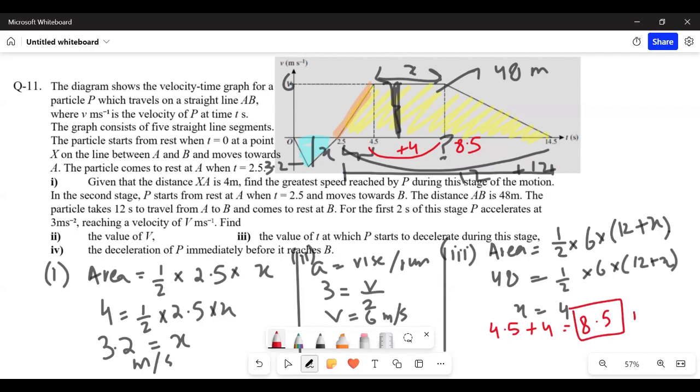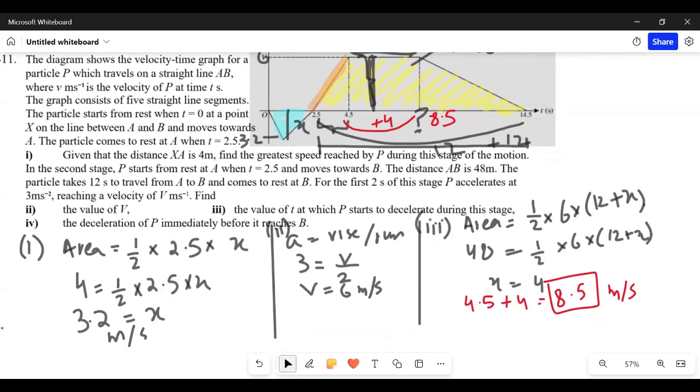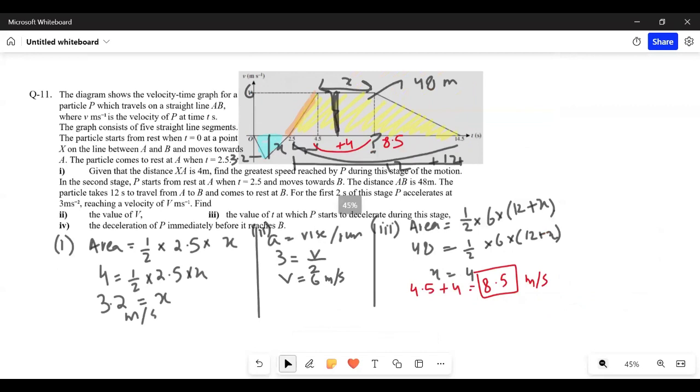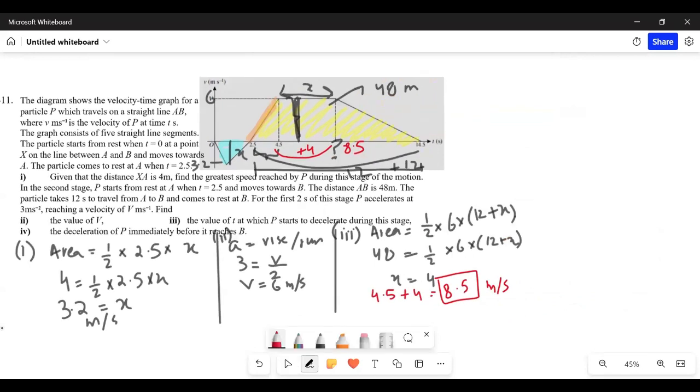Okay, that's part 3. Part 4 asks for the deceleration of the last part. Deceleration is also rise over run, so we can find that. Deceleration is rise over run.